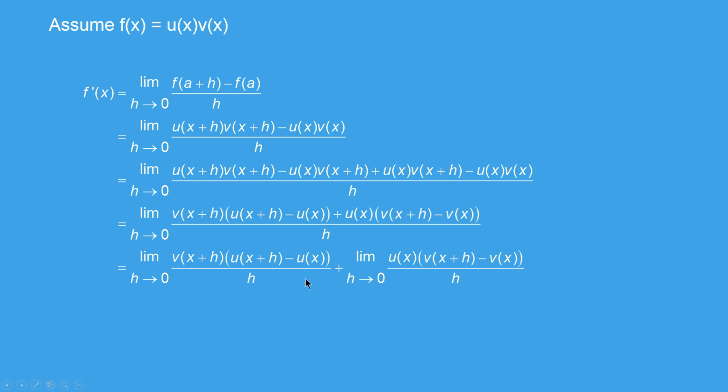So this bit here, this is u dashed. And because we're not dividing by h anywhere here, by putting in h equals 0, we're just left with v of x. So we've got u dashed times v. And then over here, we've got u times v dashed. And that is the product rule.